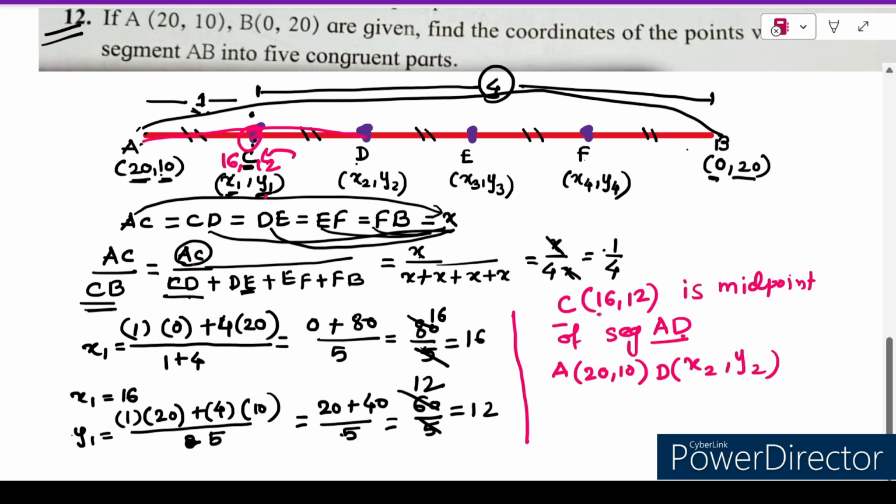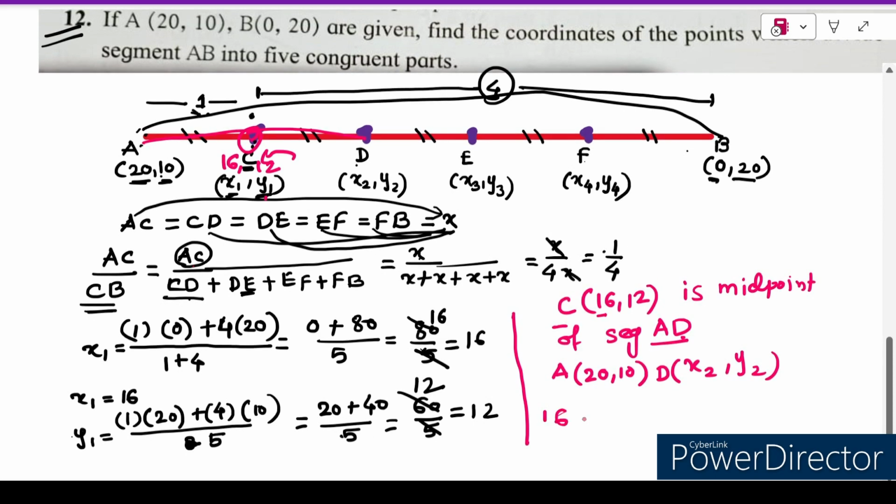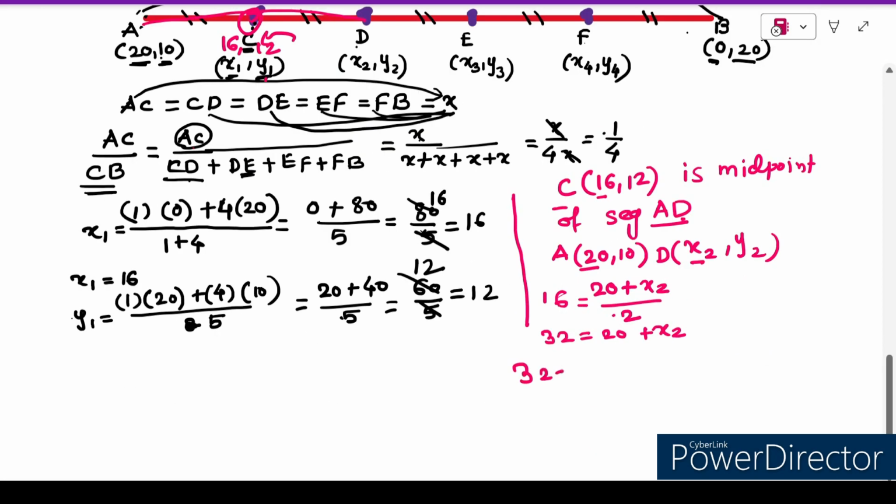C is the midpoint, therefore 16 is equal to (20 plus x2) divided by 2, that is 2 into 16, 32 is equal to 20 plus x2, that is 32 minus 20 is equal to x2, that is 12 is equal to x2. Therefore x2 is equal to 12.